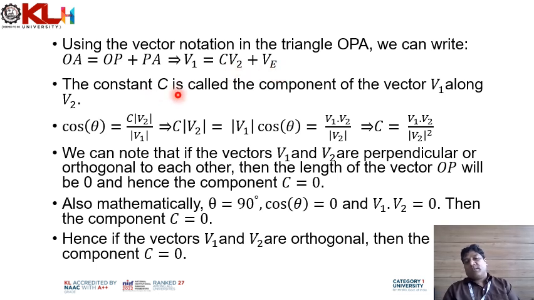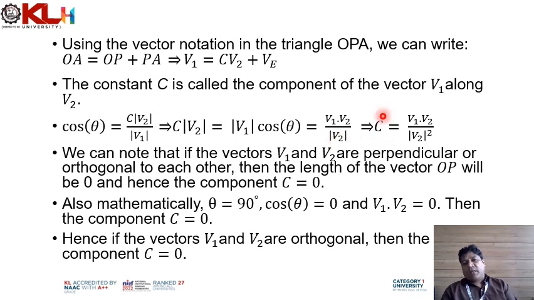Here the constant C is called the component of the vector V1 along V2. Now we know that we can write cos theta as adjacent side by the hypotenuse. If you go back to the previous slide, we can see the adjacent side is C V2 and the hypotenuse is V1. Hence we can simplify as C V2 is equal to V1 cos theta, which we can write as V1 dot V2 by mod V2.